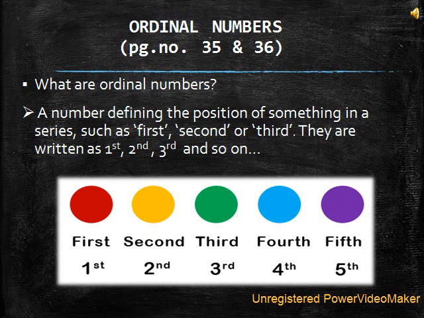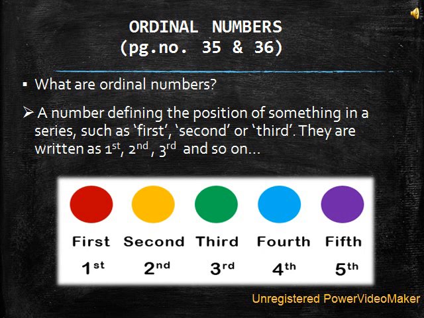For example, in school you have 8 periods. So we call it the first period, second period, third period. We do not call it 1 period, 2 period, 3 periods. We always say first period, second period, third period, and so on up to 8 periods. You are having 8 periods in your school.